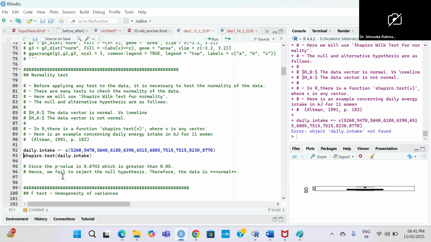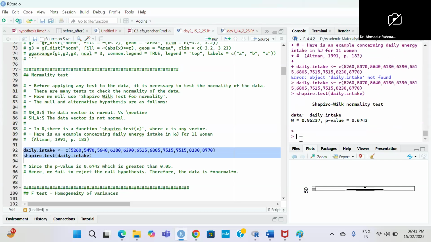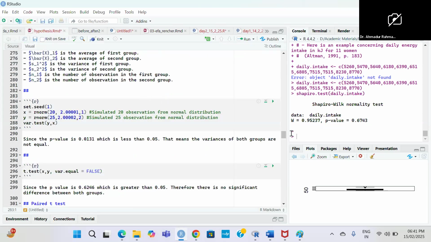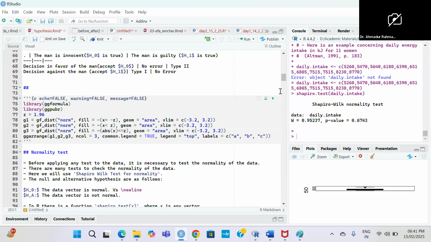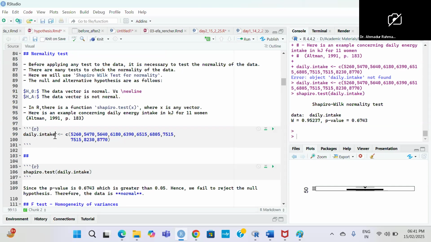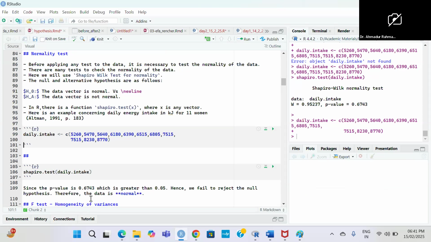There is some issue, I think. मेरी इस फाइल में कुछ मसला हो गया है. So instead I will use this file. Okay, so we run this daily intake. The energy taken by women is run, meaning there is no error. See here, there is no error. So that means it is run.